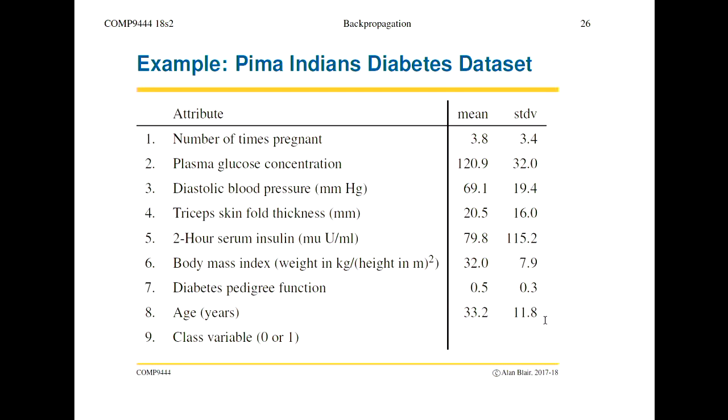Okay, so this is an example of the kind of data that people would train a neural network on: the Pima Indians diabetes data set. This was a data set collected from, I think, a group of about 700 Pima Indians, several of whom had diabetes.